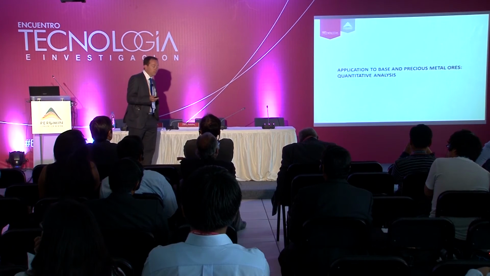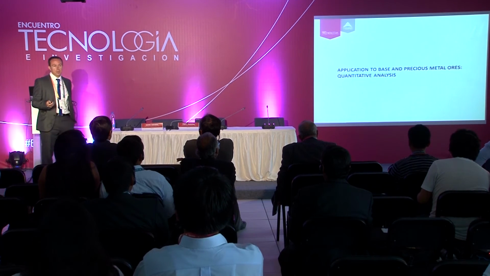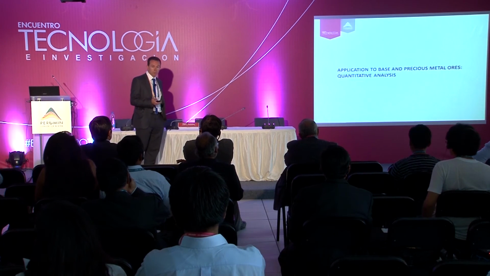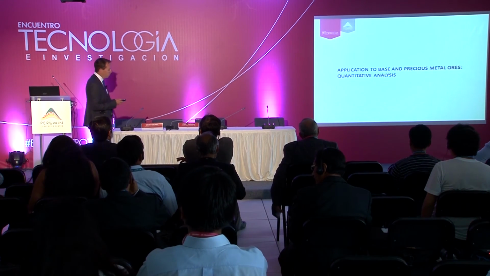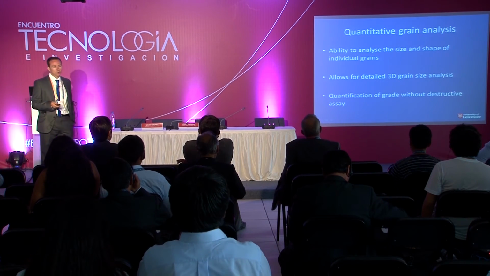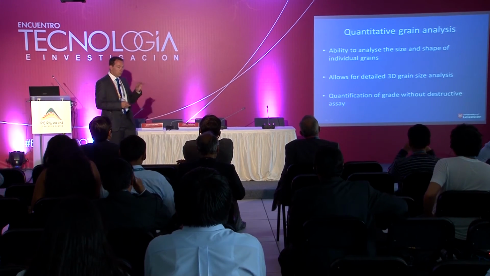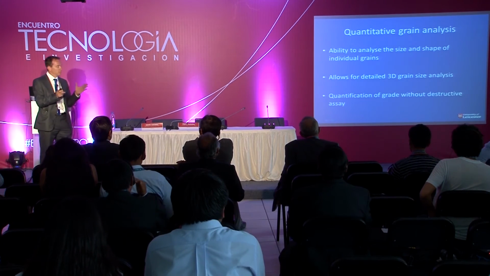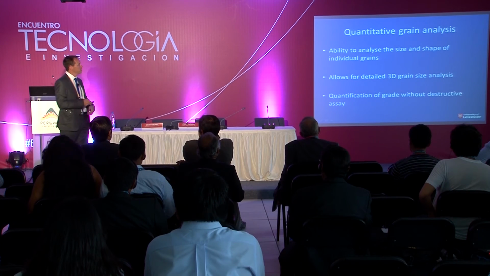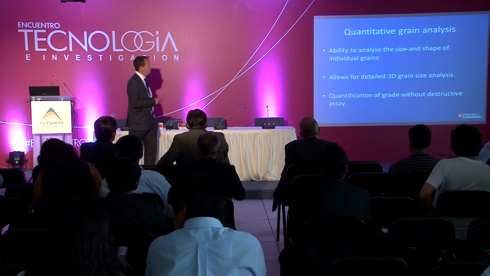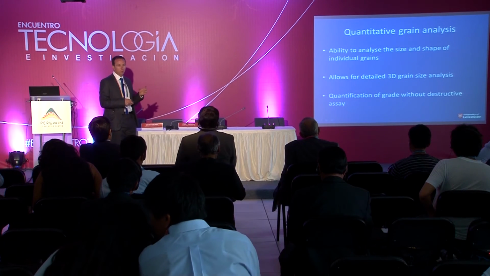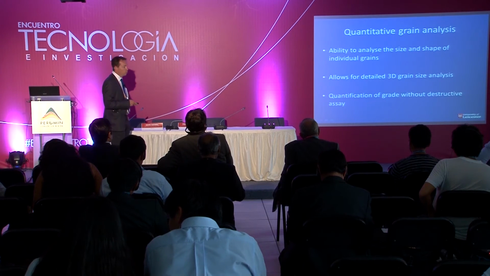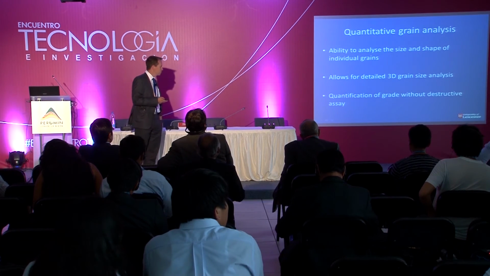So that's good. Certainly you can get some fantastic images, and it is a very visual technique, but you can also get some quantitative data out of this as well, in terms of grain size analysis. If you have disseminated ores, or indeed anything, if you can segment your different phases, you can analyze the size and shape of individual grains, and also potentially quantify grade without destructive assay.